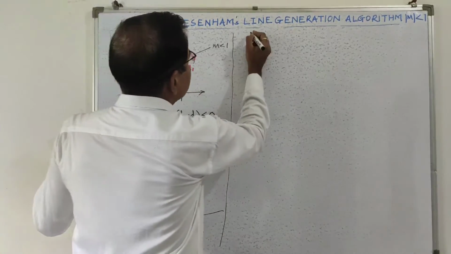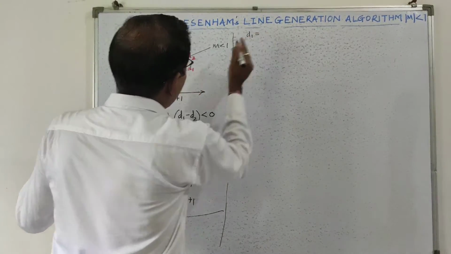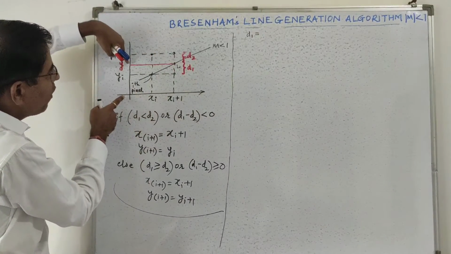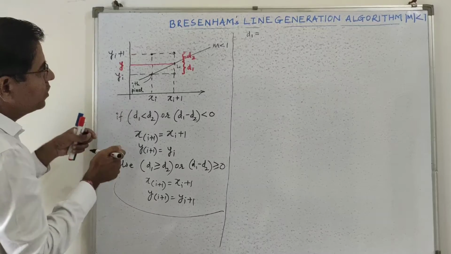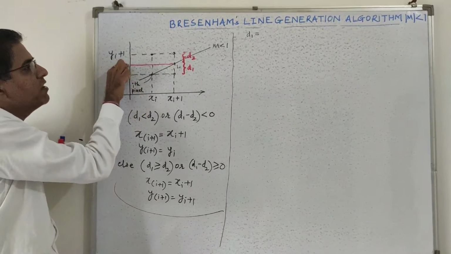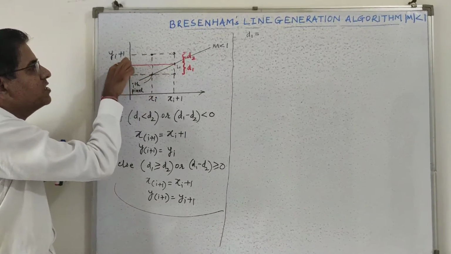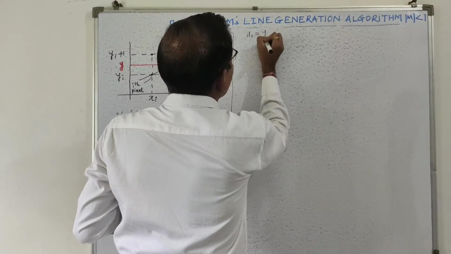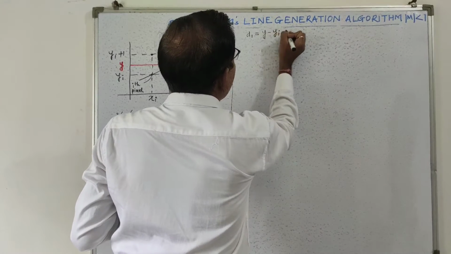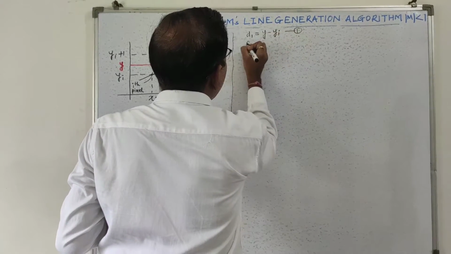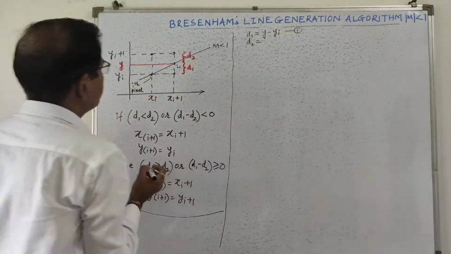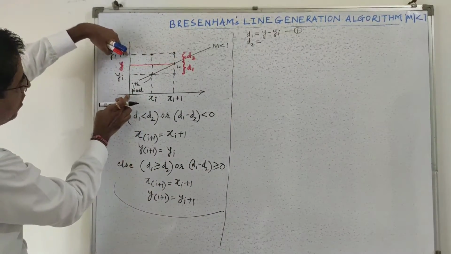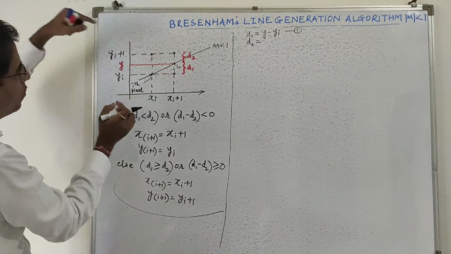So what is this d1? From this geometry we can easily find out that d1 is nothing but y minus yi. This is equation number 1. And what is d2? d2 is this much distance, and this is nothing but yi plus 1 minus y.